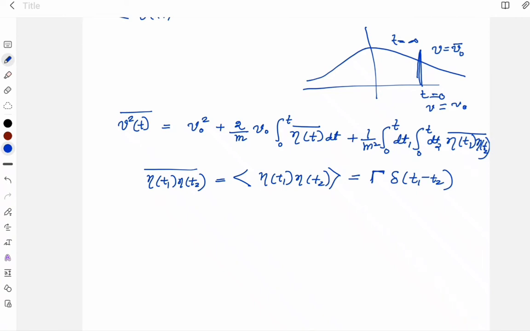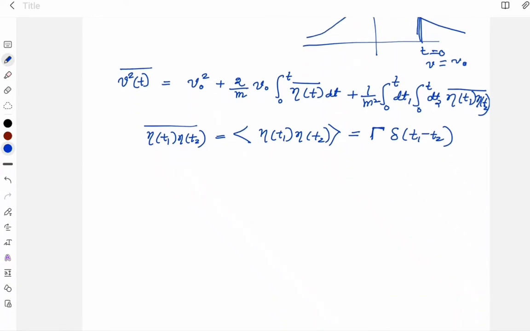They don't depend on the noise at any other time. The delta function has a dimension of 1 over time, and this has a dimension of velocity square. So this gamma has a dimension of the order of a diffusion constant, L square over t. So this is the strength of the noise.